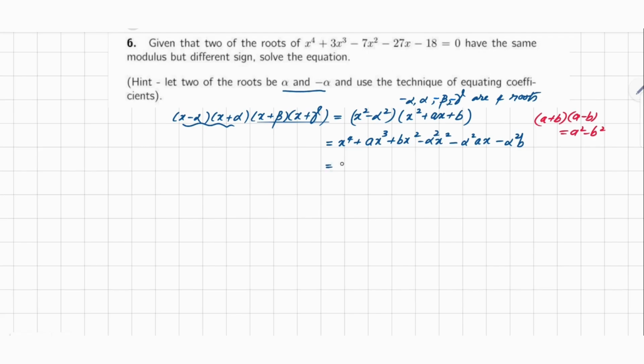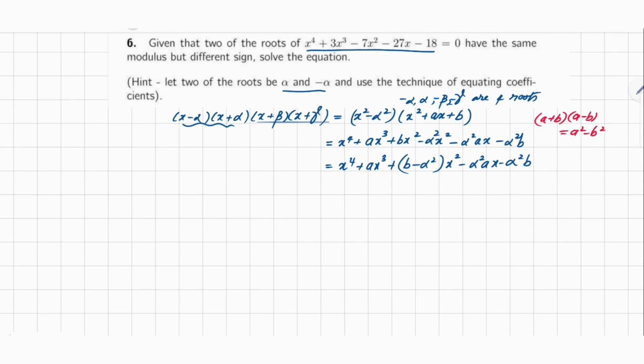We can group up the like terms. This is our polynomial, and we can see that the degrees are the same.